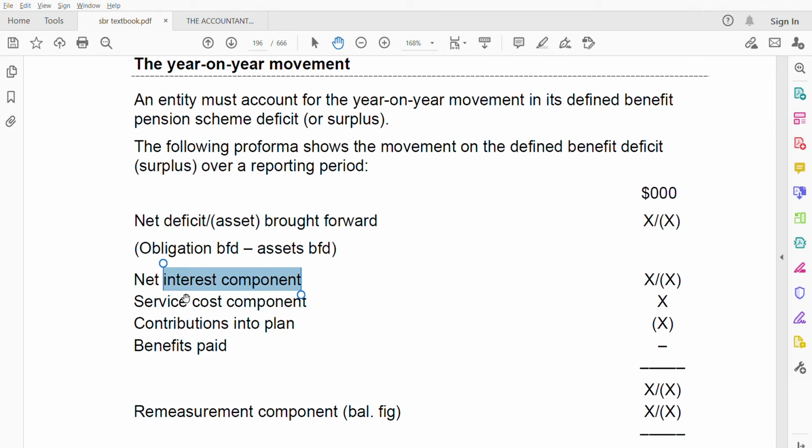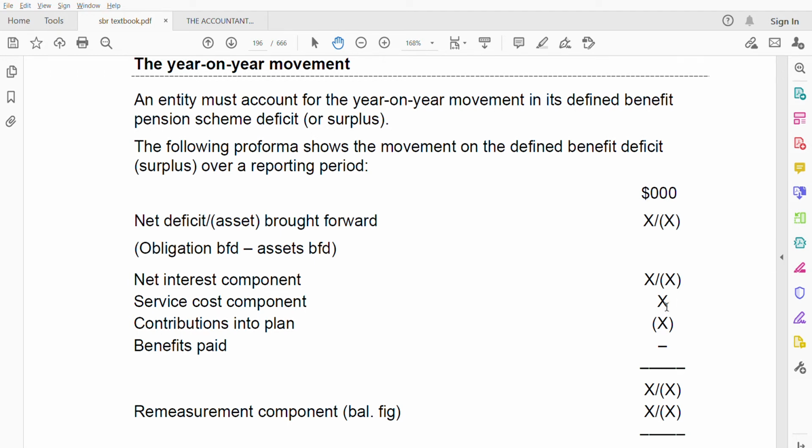Then you have a service cost component, which will be given to you, and also how much contributions into the plan, that will also be given to you. So contributions into the plan you deduct. If it's a deficit it's a positive figure, if it's an asset it's a negative figure, and here for net interest, if the net interest is on a deficit then it's a positive figure, if the net interest is on an asset again it's a negative figure.